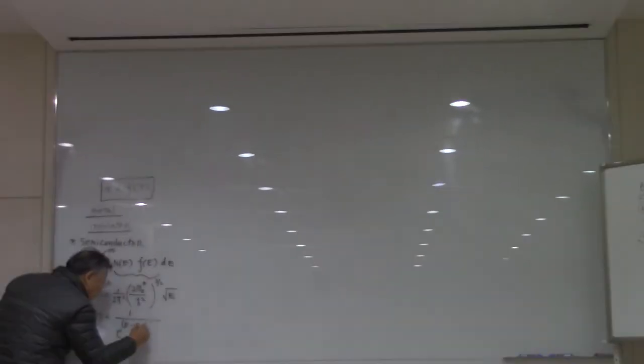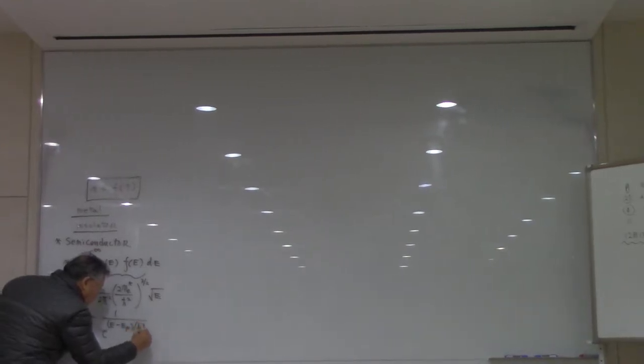This is the equation that we have developed in the free electron model. And then we know the Fermi-Dirac statistics, which is 1 over e to the (E minus E_F) over kT, plus 1. All right?